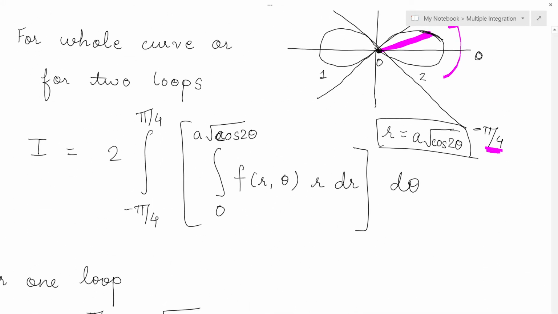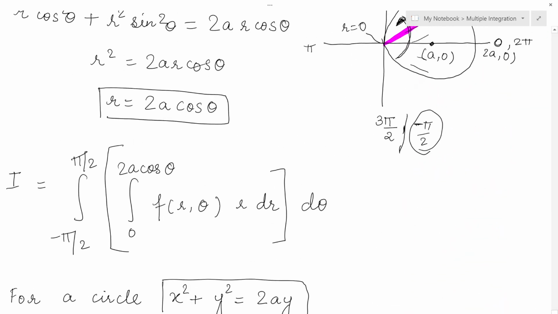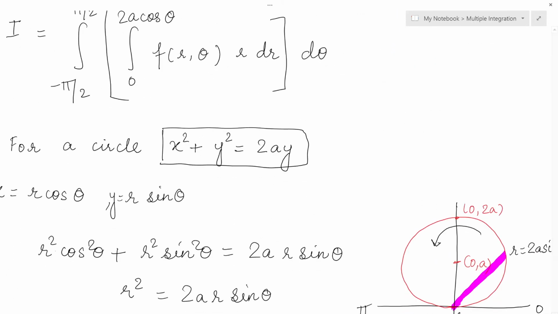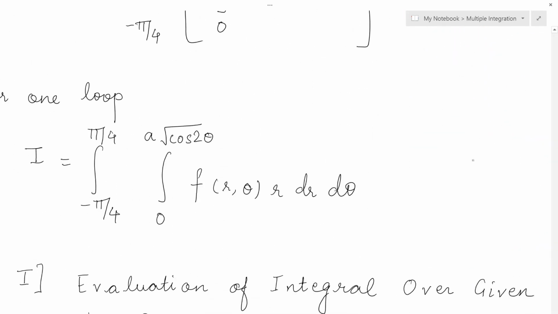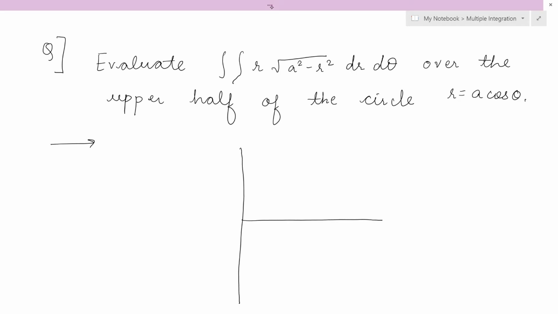Let us recall that the circle r is equal to a cos theta is this circle, right? This is a circle which is shifted towards the x-axis. So let us draw the curve r is equal to a cos theta.